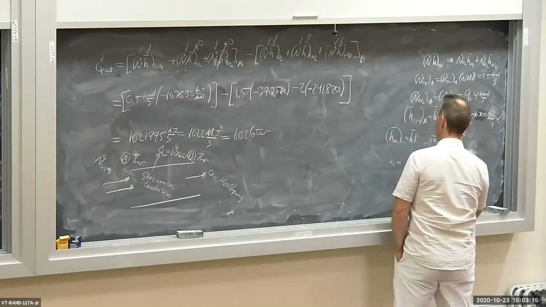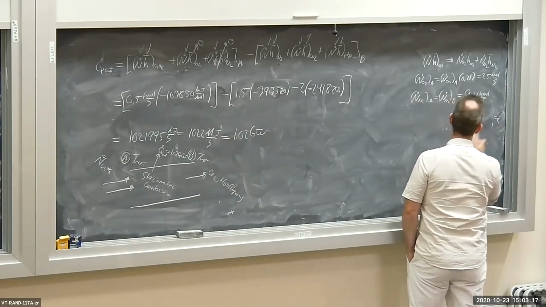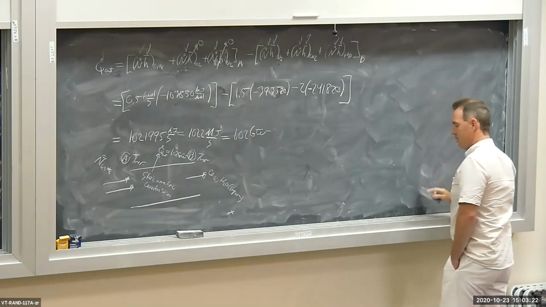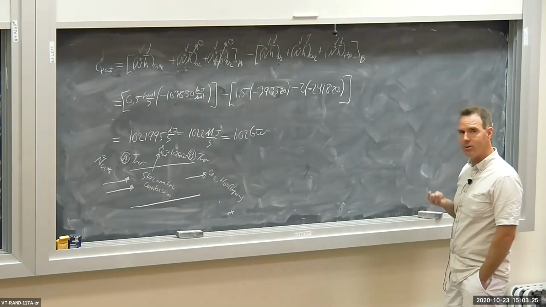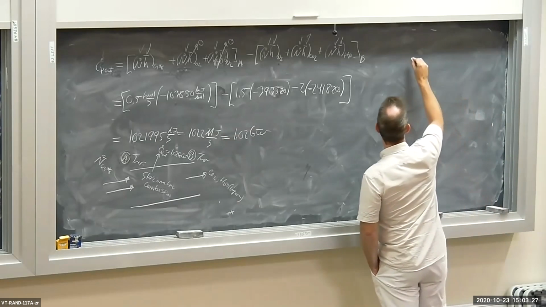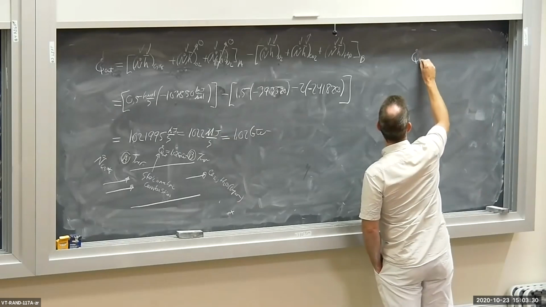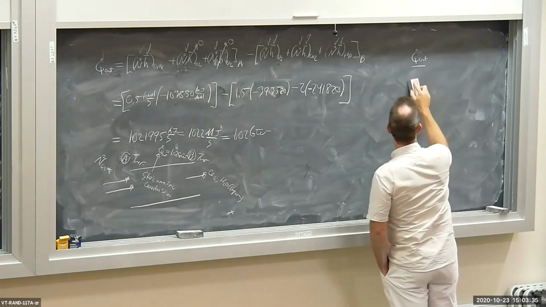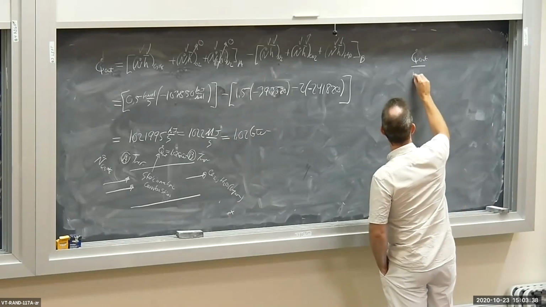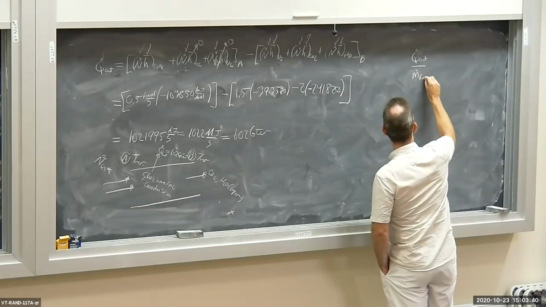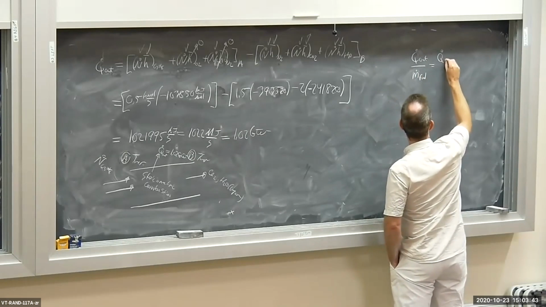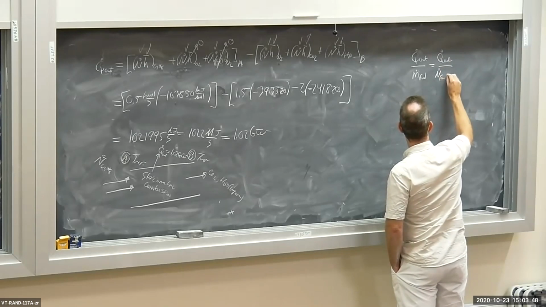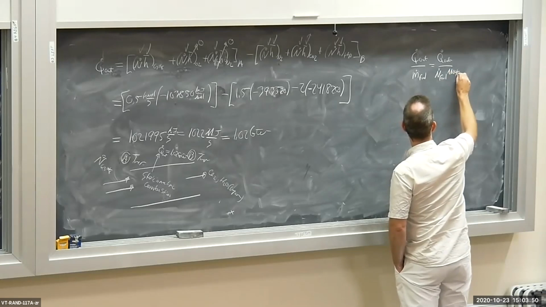Let's divide the heat transfer. The heat transfer required to cool the products back down to the reference temperature, if my reactants are also at the reference temperature. Let's calculate the quantity Q dot out divided by M dot fuel, which is equal to Q dot out divided by N dot for the fuel times the molecular weight for the fuel.